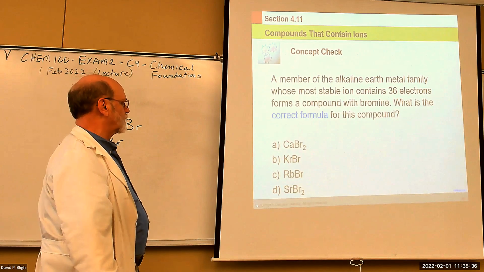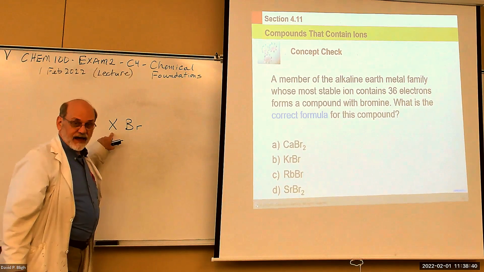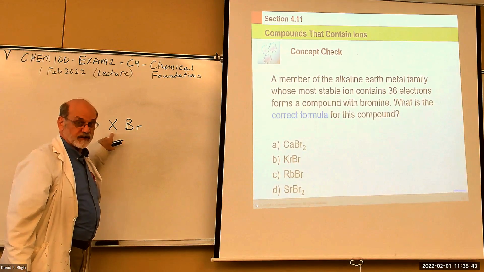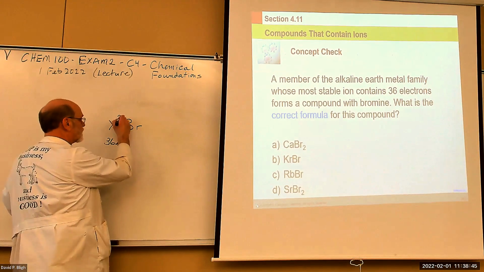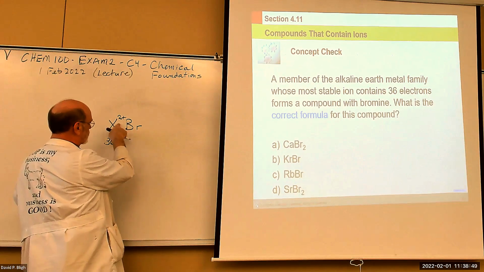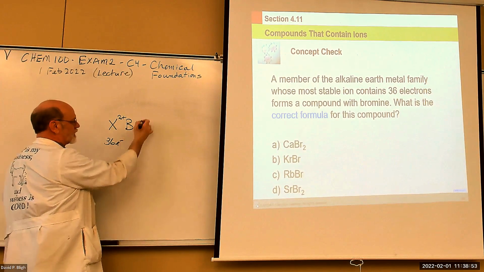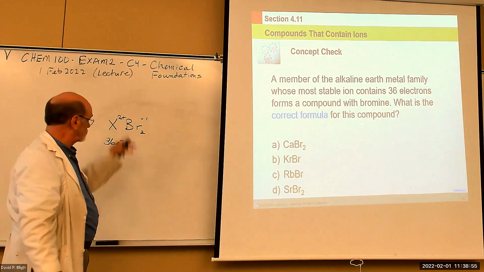What's the correct formula for this compound? Well, we know that if this is an alkaline earth, it has a 2+ charge. So it's going to be this. That means bromine, if there's only one of them, then we have to make that assumption. There's going to be 2 bromines because it's a -1 charge.